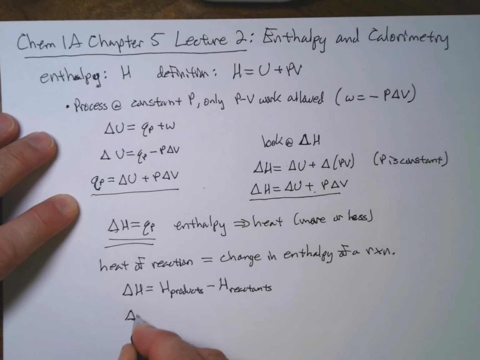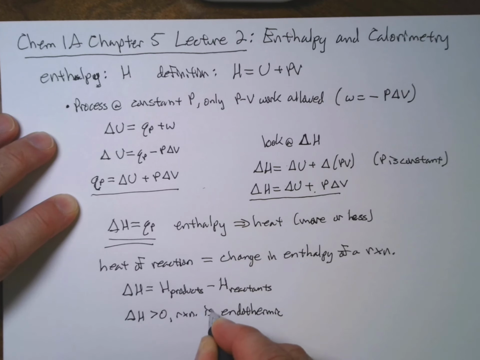If delta H is greater than 0, the reaction is endothermic. Heat is flowing into the system. If delta H is less than 0, the reaction is exothermic.